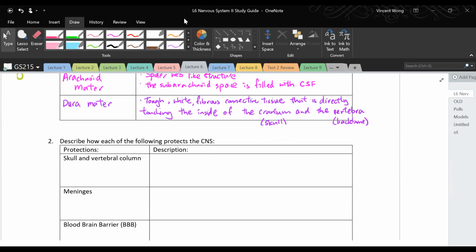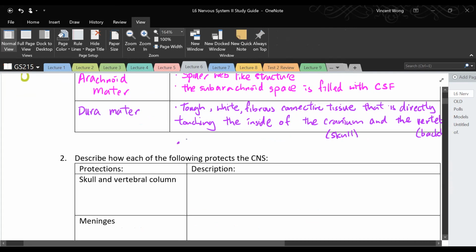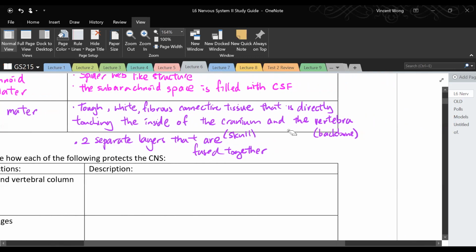Okay, now I should probably put an extra point here for the dura mater. Right, it's actually 2 separate layers that are fused together. Okay.